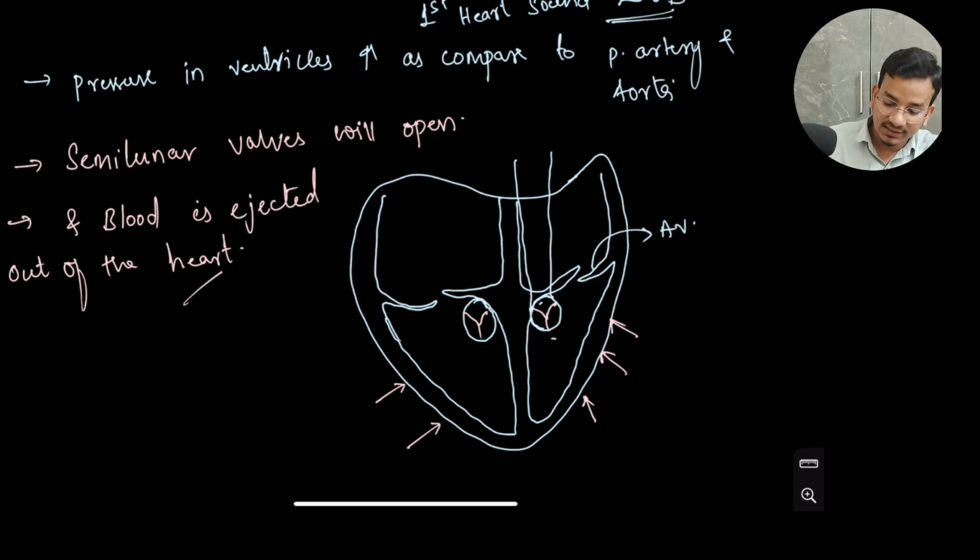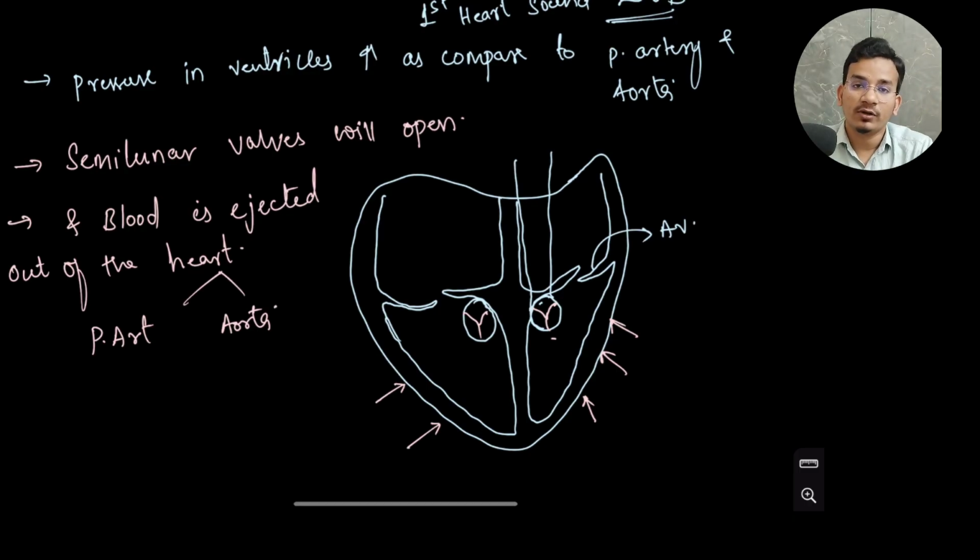Okay, so blood is ejecting out of the heart with the help of the pulmonary artery and aorta. With the help of these two, the blood is going out of the heart. So it is known as the ejection of blood.